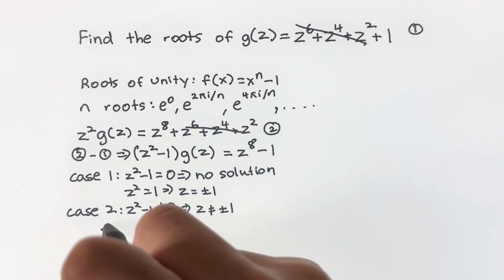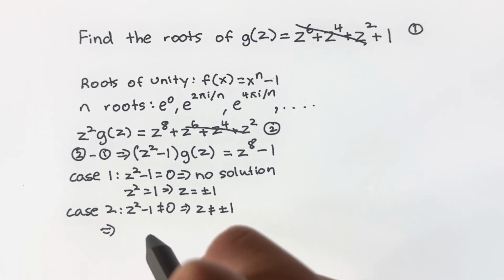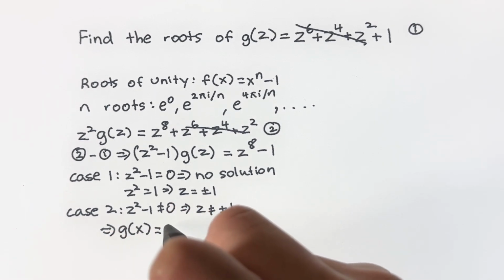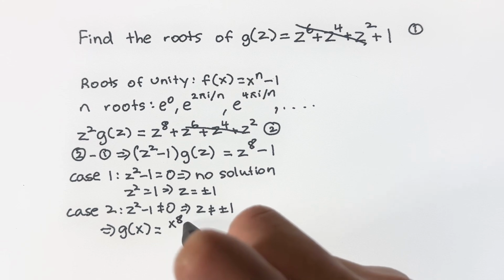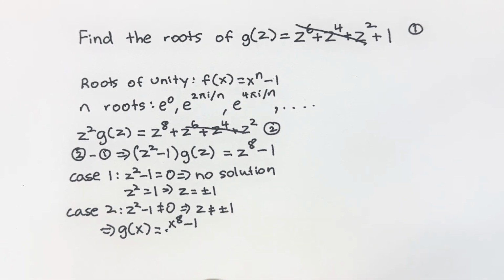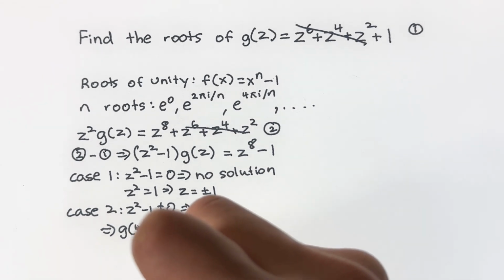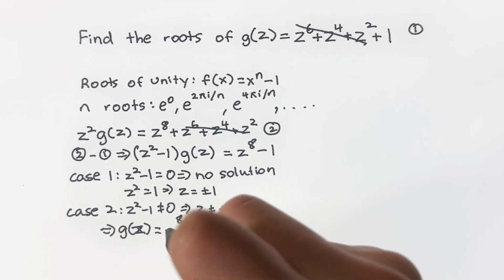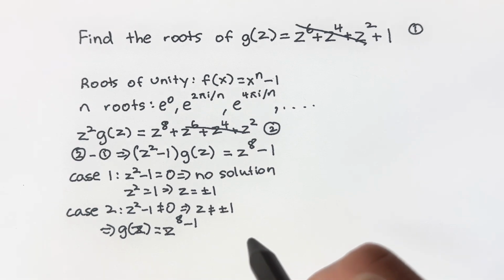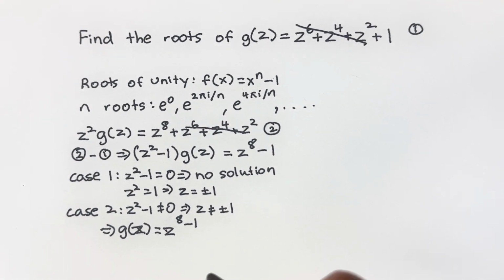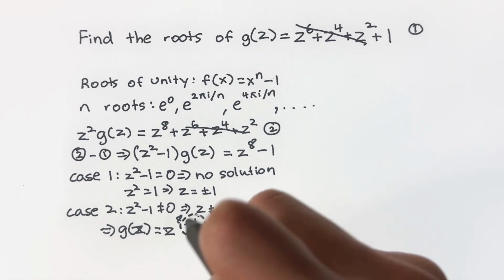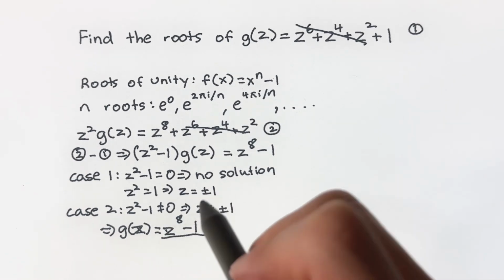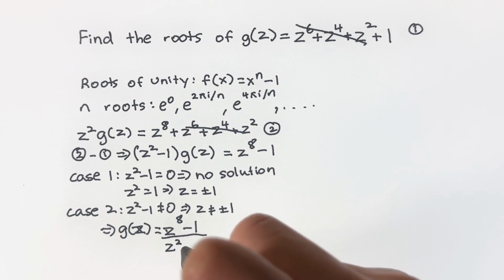So we have g of z equals z to the power of 8 subtract 1, divided by z squared minus 1.